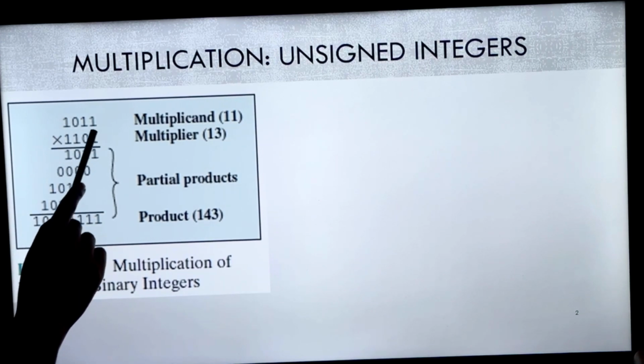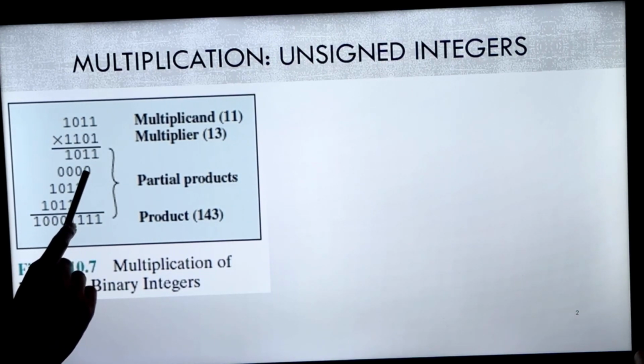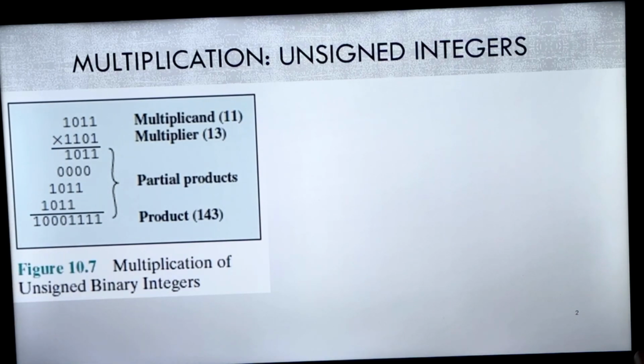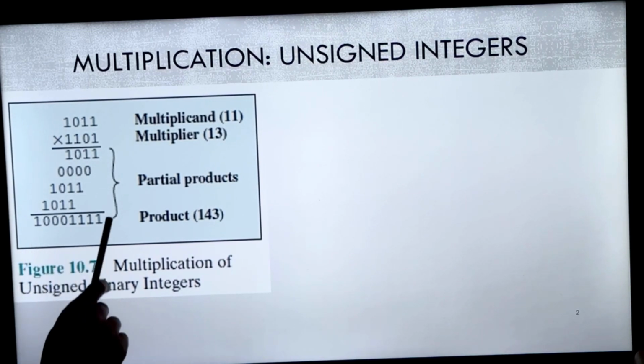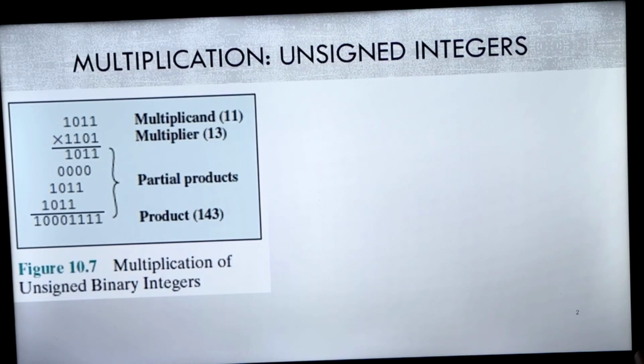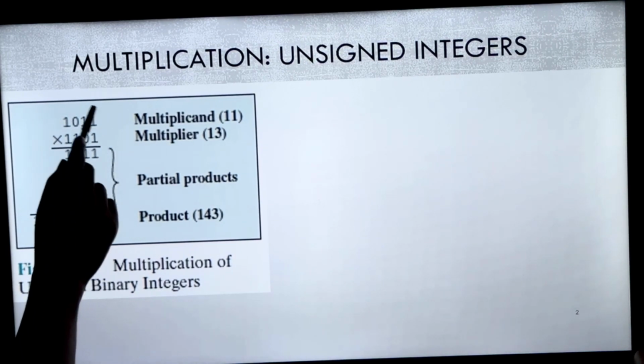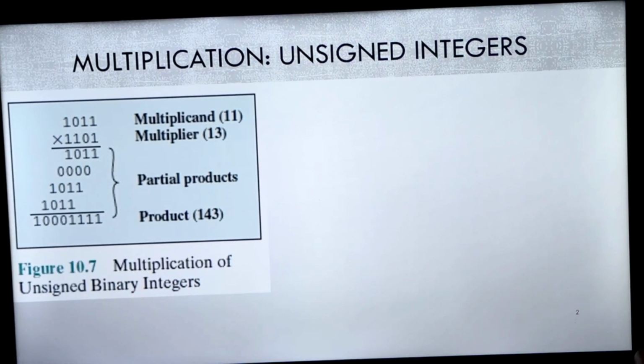So 0 into 1011 is 0000. This is how we multiply for decimal multiplication too, right? There is nothing new. Finally we add all the bits like this and we get the correct result. For unsigned binary integers, if you follow this approach, you will get the exact values. It will work perfectly fine.